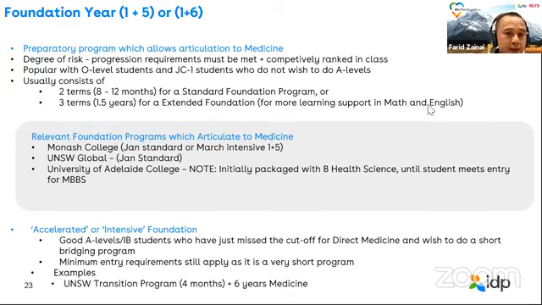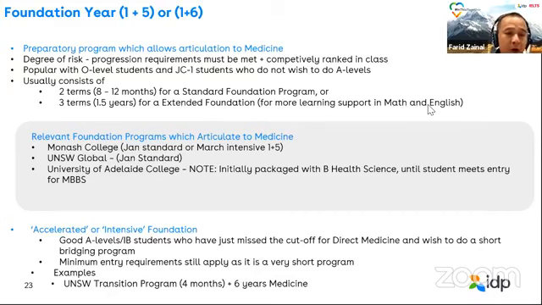But this proved to be popular with O-level students and the JC1 students who halfway find that the GCE A-levels are not quite their cup of tea, all right? And the study duration usually consists of 2 or 3 terms, right? So it ranges anything from as short as 4 months right up to 1.5 years, right?